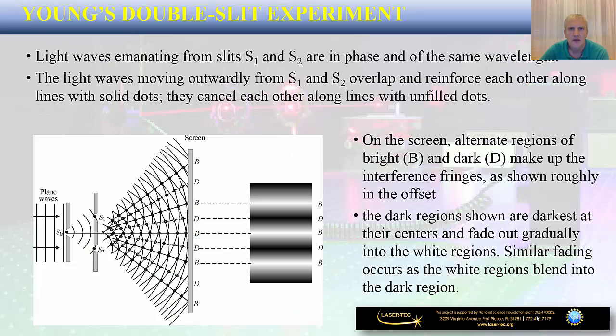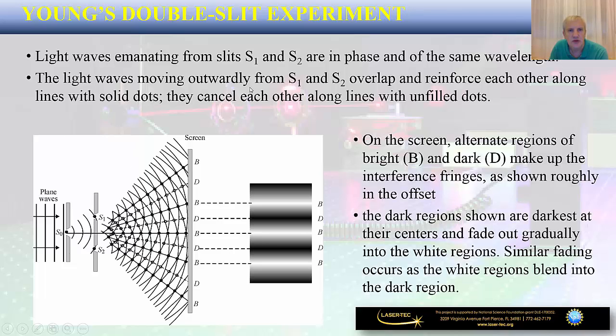So once more, to emphasize the concept that's been introduced on the previous slide, we're dealing with the two light waves that are emanating from slits S1 and S2. So we are dealing with a filter here that consists of two slits through which we are passing the light. These two slits act as two separate sources of light, creating two separate waves, and then these two waves will be interfering with one another.